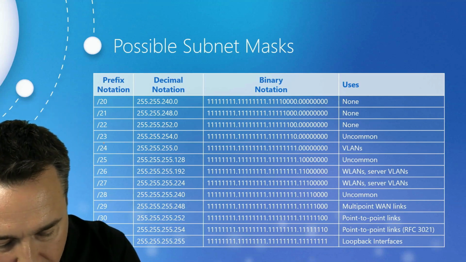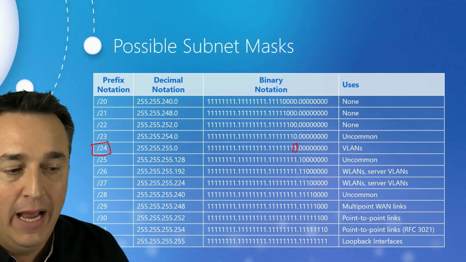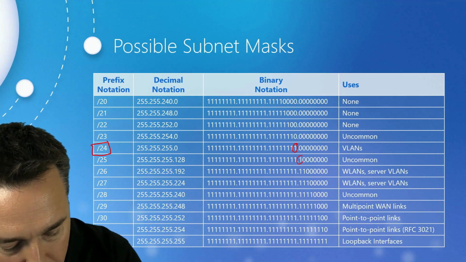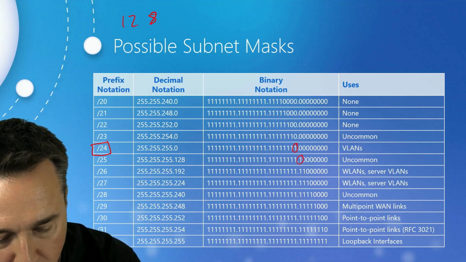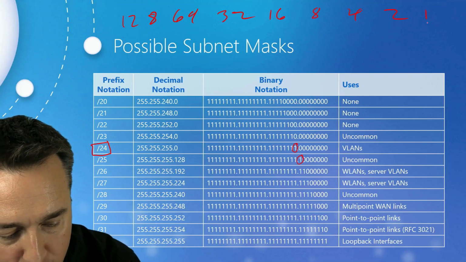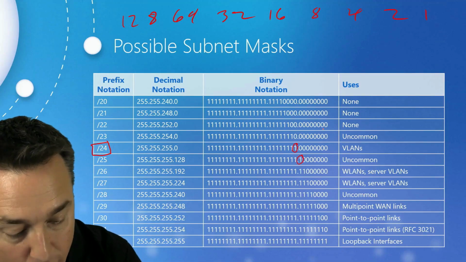So for example, with this subnet mask, I'm counting by 1, because that's the 1 position in the third. But here, that would be what? The 128 position. 128, 64, 32, 16, 8, 4, 2, 1, right? So you're 128 in the fourth.